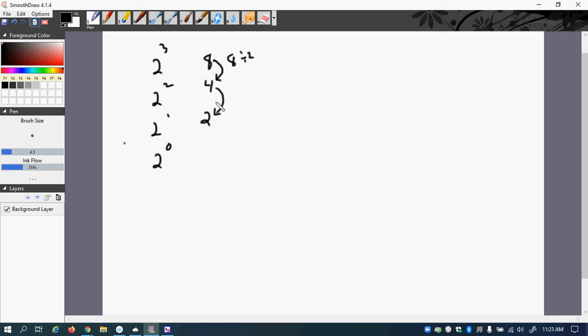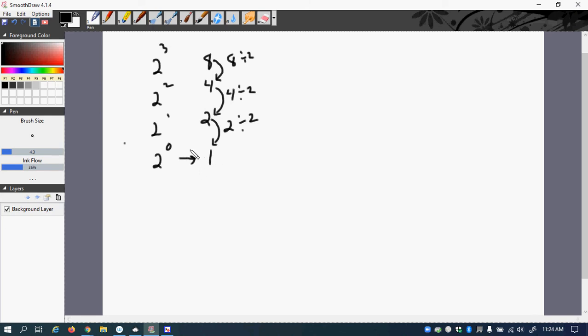And the same thing here. We take 4 divided by 2, and we get 2. So we're going to take 2 divided by 2, which is going to give us 1. So that's the reason why anything to the 0 power will be 1.